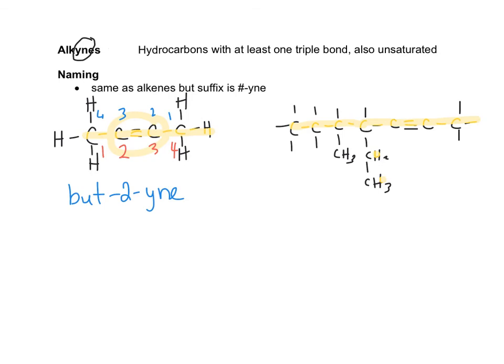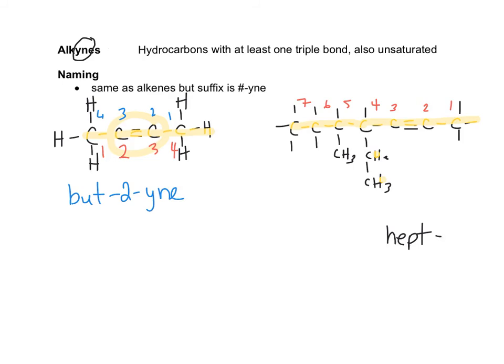So that means this is hept. And then I start counting from the end closest to the triple bond. So the triple bond happens to start after carbon 2.